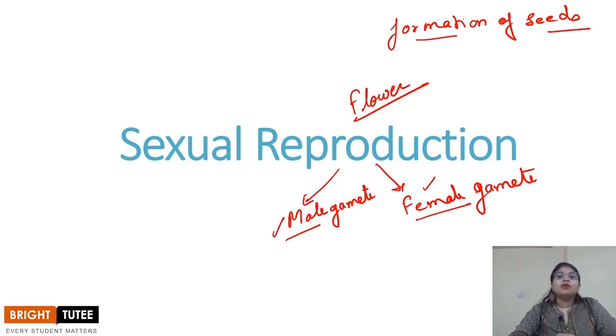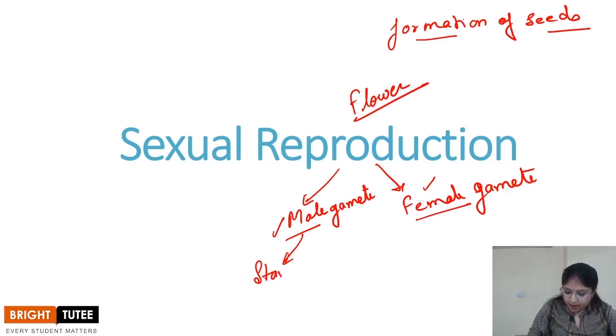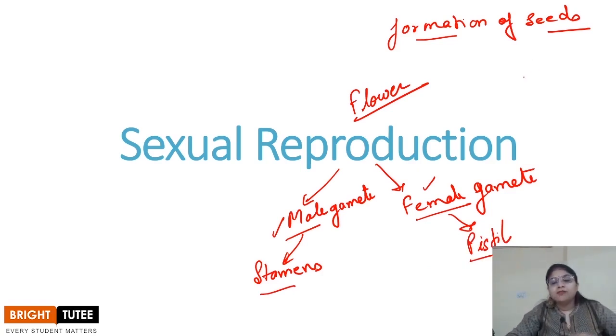So basically, we are going to study the sexual reproduction that occurs in plants. The male gamete is produced in the male reproductive part called the stamen, and the female gamete is produced in the female reproductive part called the pistil. We've already studied the structure of both of these, what a stamen is and what a pistil is.